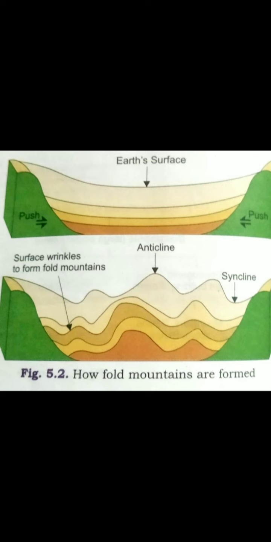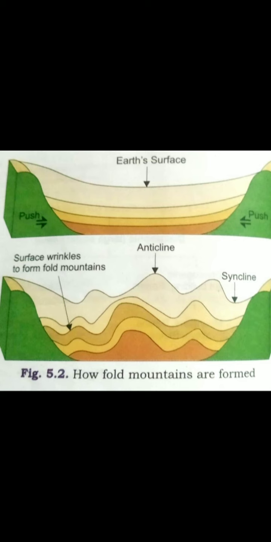Clear? Now, many times these fold mountains are associated with volcanic activities because there are active volcanoes. These young fold mountains are in the region of unstable portions of the earth. That is why these are young fold mountains, recently formed. Now, these fold mountains can also form under the sea.